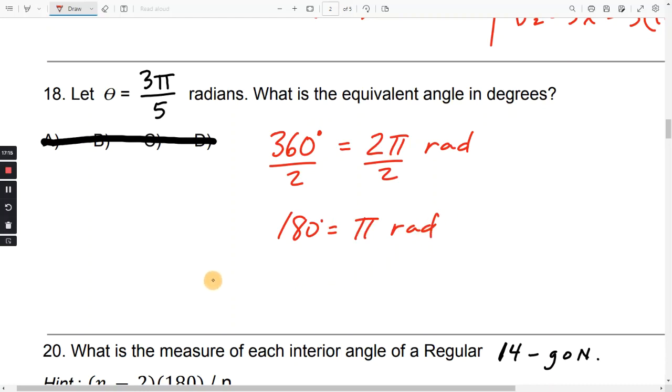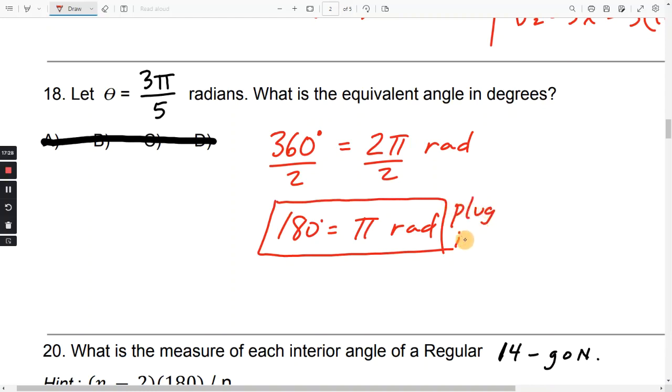So 180 degrees is pi radians. Now you can use the fractions to convert, but since we have this equivalency here, we can just use the shortcut and plug in 180 in place of pi. Okay, that only works when you're going from radians to degrees.